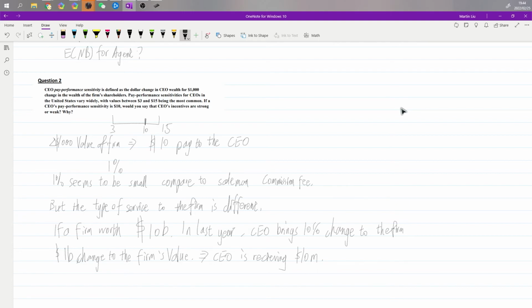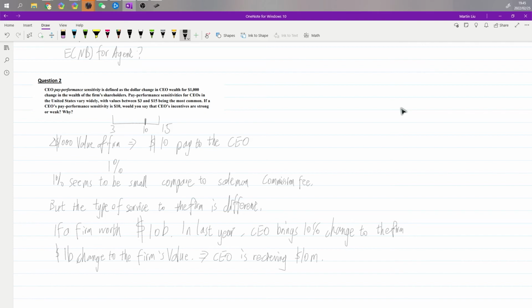If you consider the amount of money he is earning here, that is quite a lot. Usually this kind of commission fee is additional to what the CEO receives annually. The CEO has a regular salary, and at the annual or monthly performance evaluation, he will receive more than what he was regularly paid.